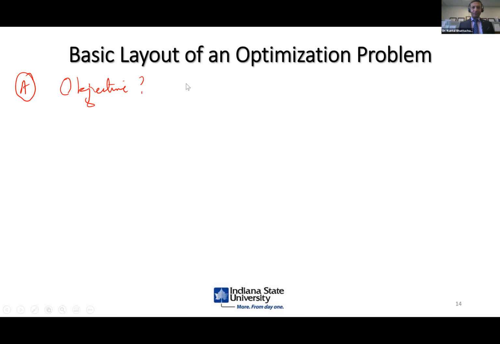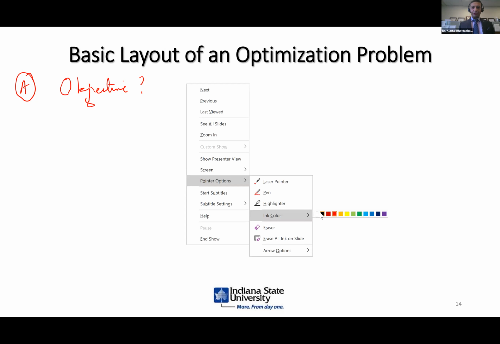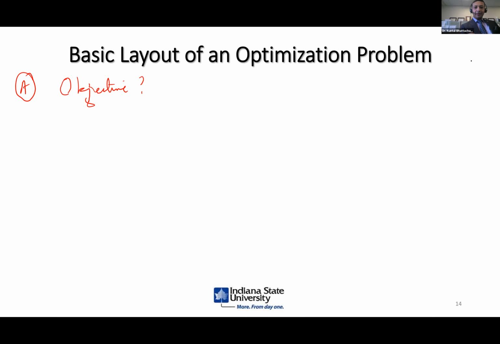So in this story that we are currently pursuing, that objective is to minimize the MAPE, right? That's what we are after. We are trying to minimize the mean absolute percentage error. That's what we are after.